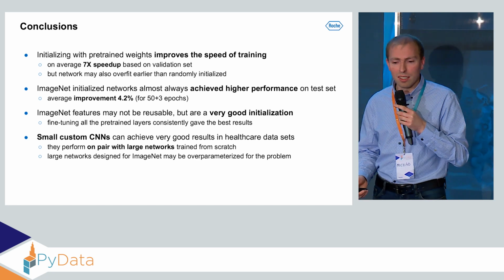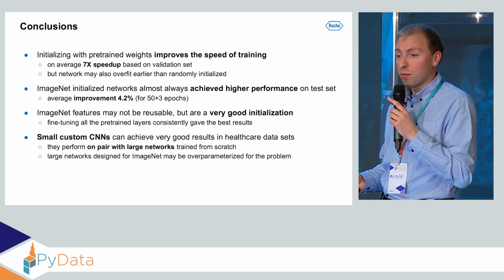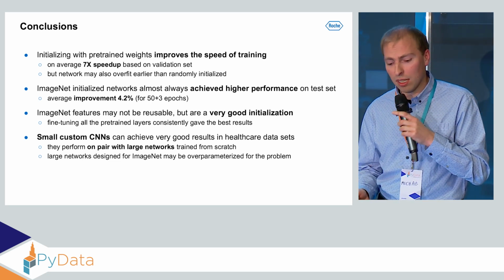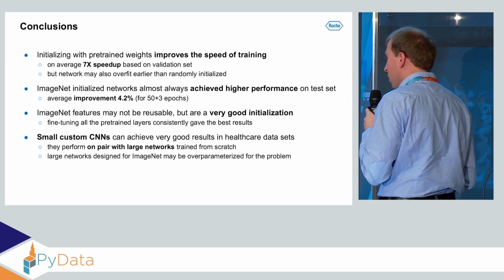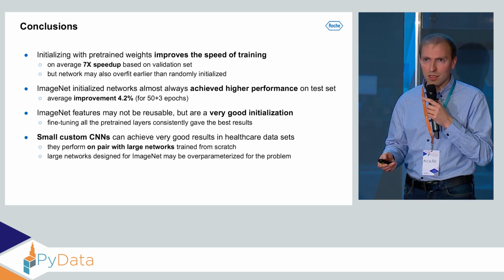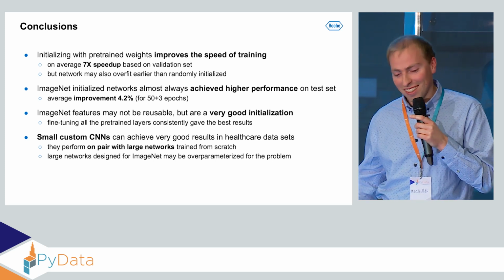Secondly, ImageNet initialized networks almost always achieved higher performance on the test set. And again, on our medical data set, the average improvement was over 4%, which is a non-negligible number if your metric is already above 0.9.